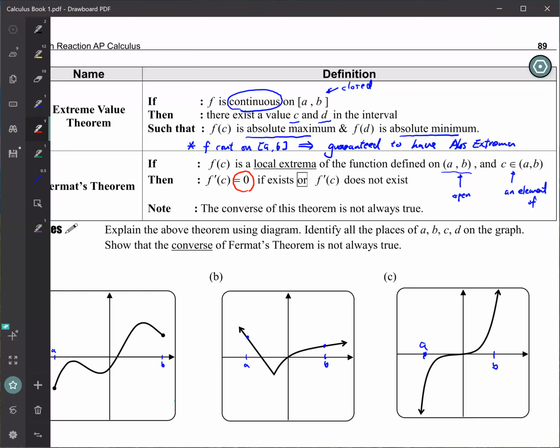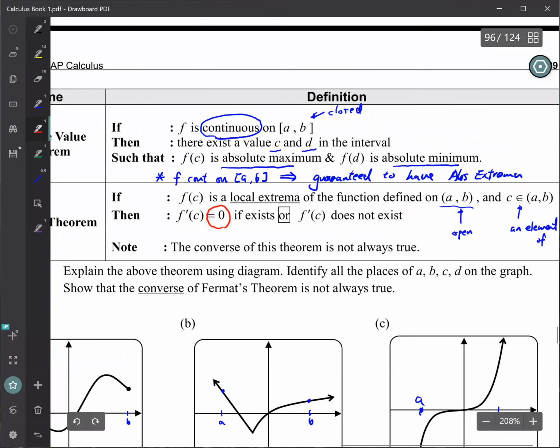So in which places is it not differentiable? Where on the graph could it be not differentiable? Endpoints, what else? The corner thingy. Yeah, there's like four places.